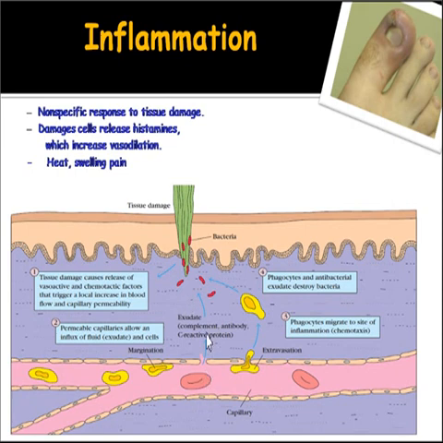Reaching the tissue damaged site is known as extravasation. Now after this, at the last stage, these phagocytes and antibacterial exudates destroy the bacteria. So this is the entire process of inflammation.